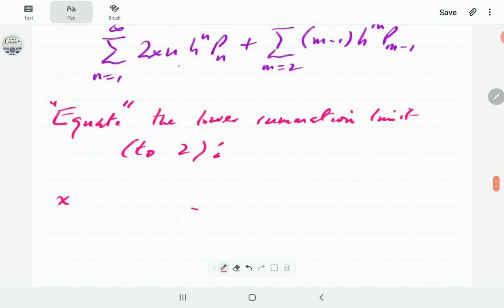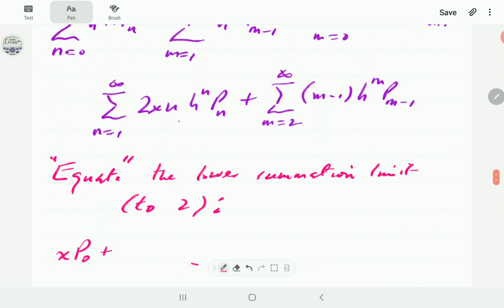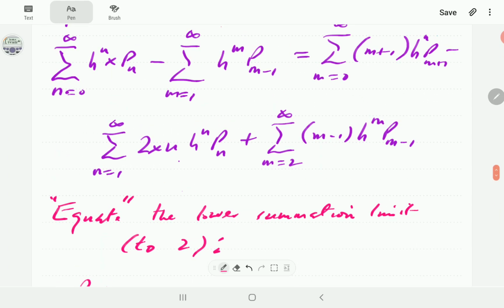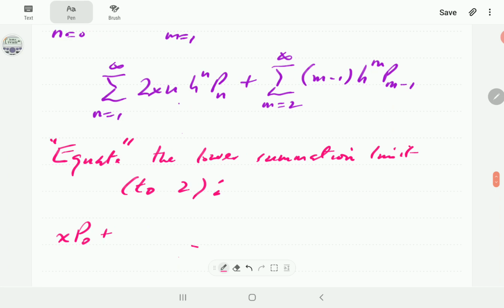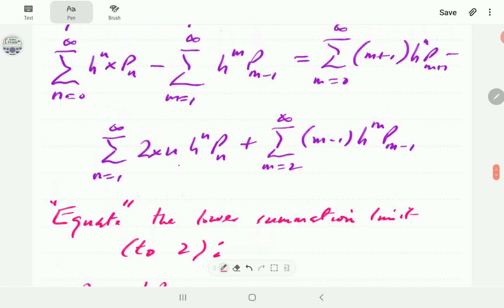So we're going to have x p_0, that's n equals 0. And n equals 1, we're going to have h x p_1. I'm going to write the x first, p_1, and then the rest of the summation is now going to start from 2.